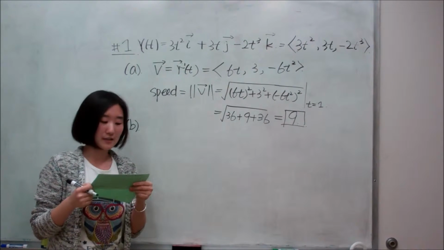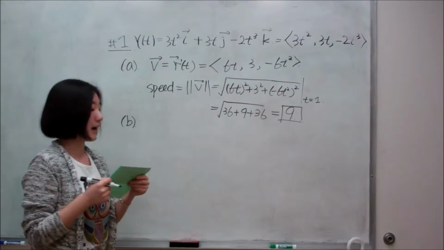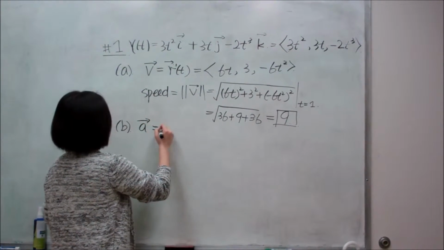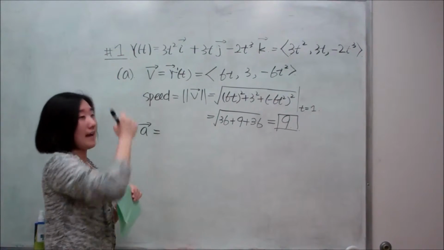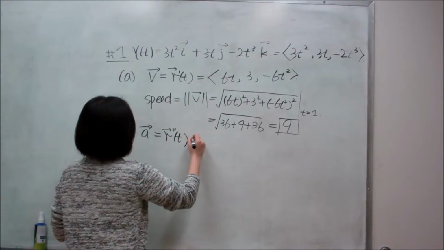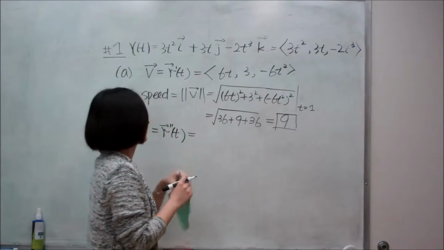And then part B, compute the acceleration vector at time t equals 5. So acceleration is going to be the derivative of velocity, or the second derivative of the original path. So we're going to take the derivative of this vector.